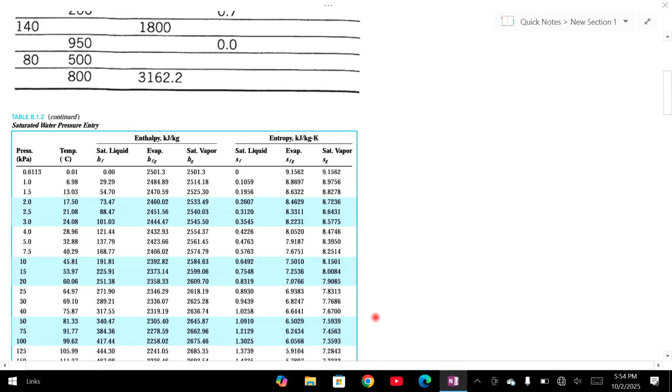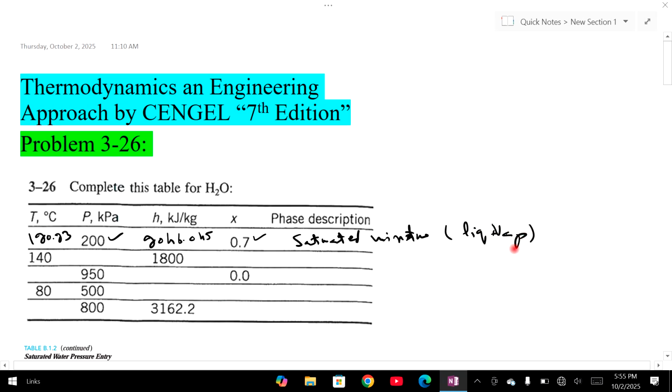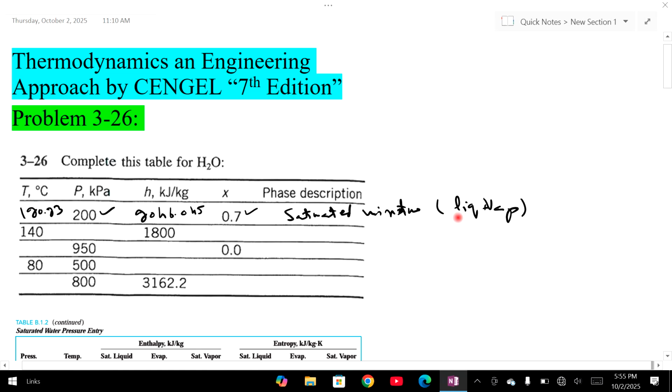In row 1, temperature is 120.23 degrees centigrade, enthalpy h is equal to 2046.045 kilojoule per kg, and phase is saturated mixture of liquid plus vapor. In the wet region, this is the mixture of liquid plus vapor.